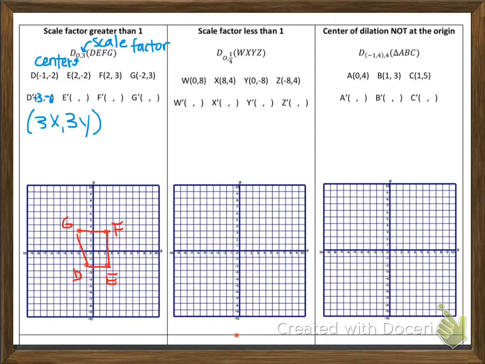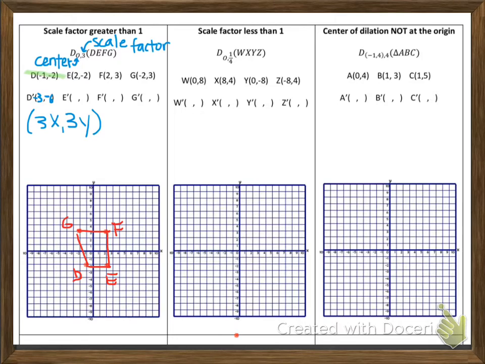So the first point would be (-3, -6). If I take negative 1 times 3, I get negative 3, and that negative 1 is coming from my D. Then I multiply negative 2 times 3, and that's how I got the negative 6. I'm going to do that to each point here, just taking the point and plugging it into the formula.